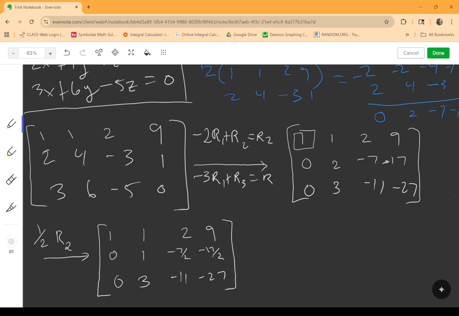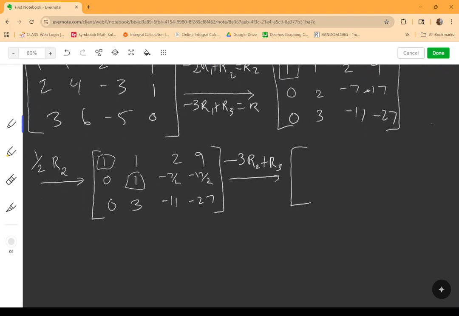Again, focusing on the 1 here, the next step would be to see if I can get a 1 down here by the next row operation. That'll be -3 R2, and then add that to R3.